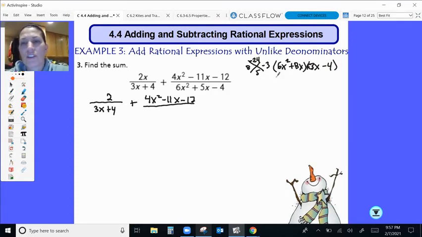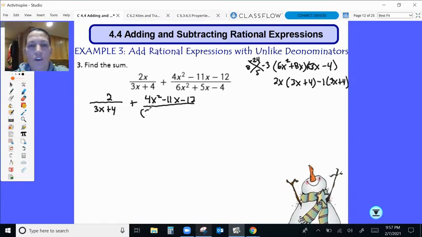I'm going to group those together. I'm going to factor out a 2x, which leaves me with a 3x plus 4. I'm going to factor out a negative 1, leaves me with a 3x plus 4. So over here, I should have my 3x plus 4 and my 2x minus 1. That'll save us some time there.